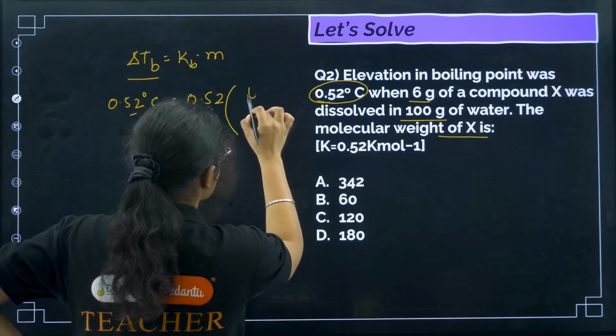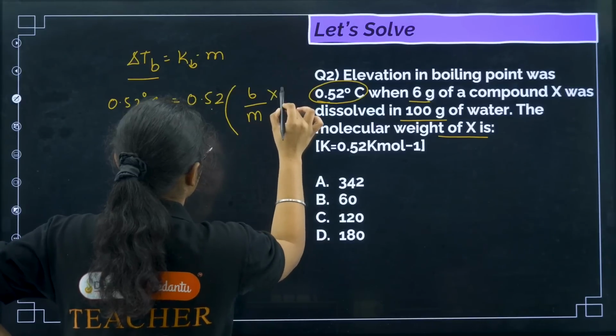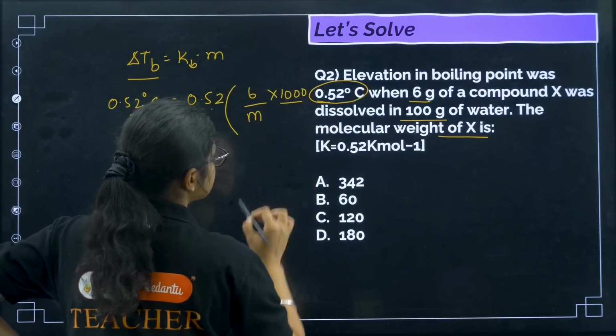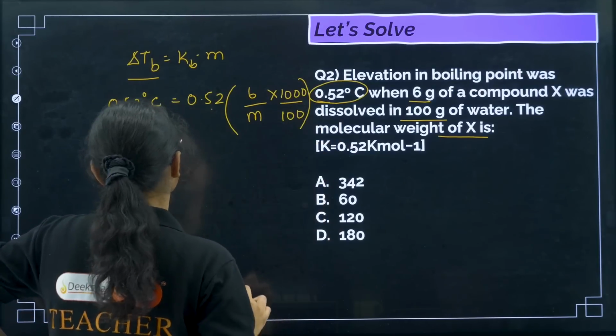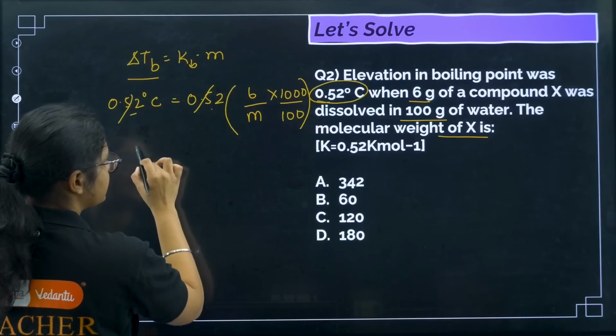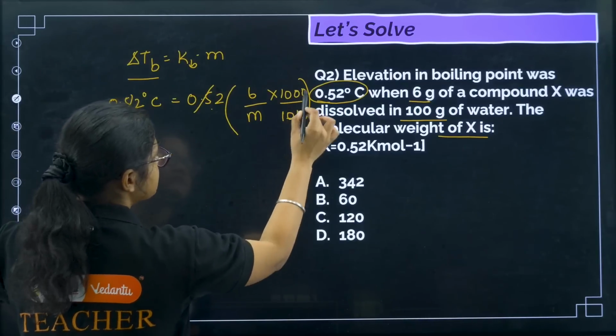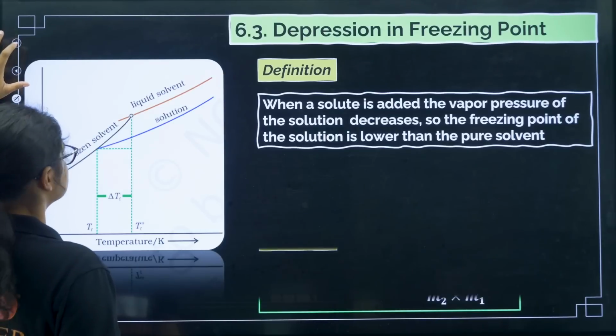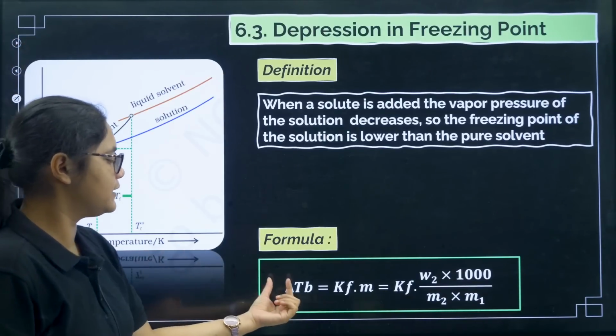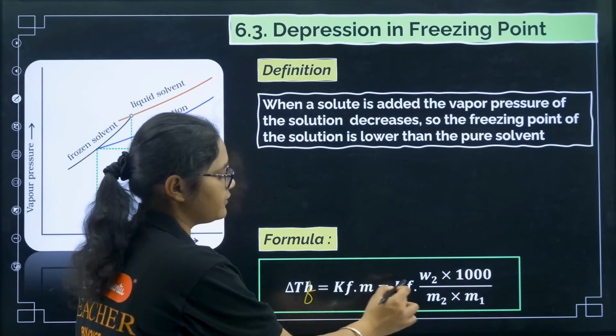Molality: given mass, molar mass I have to calculate, into 1000 by mass of the solvent, which is 100. So we can just cancel this, take this m this side, so I will get 60 gram, option B here. Very simple.